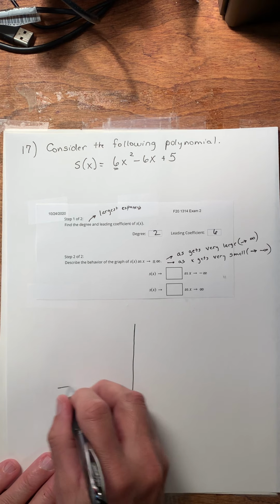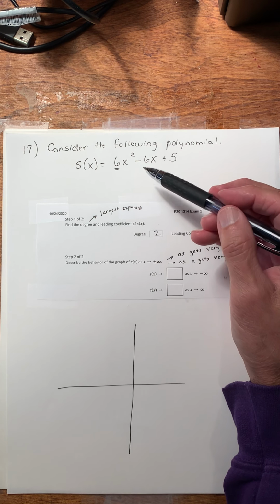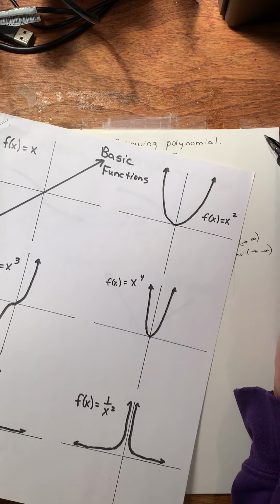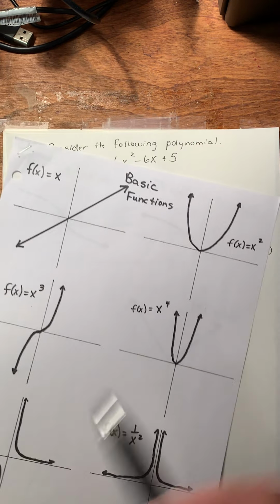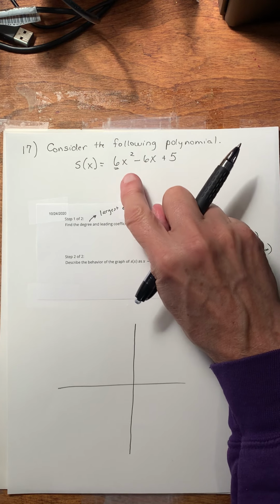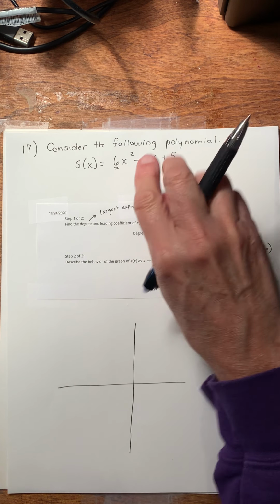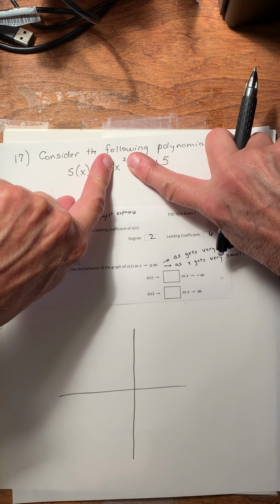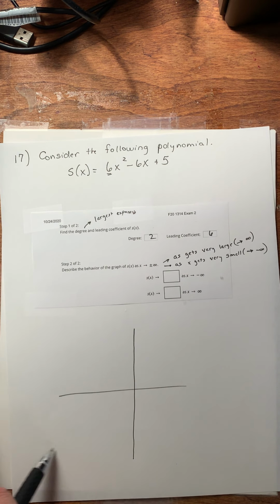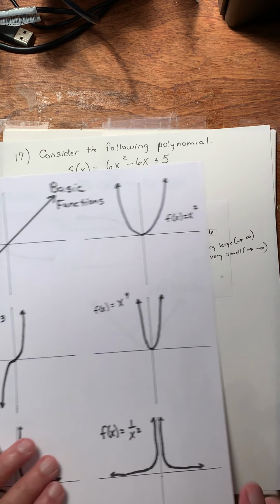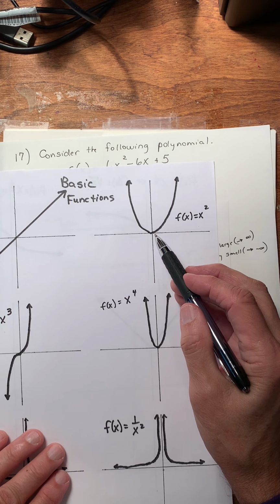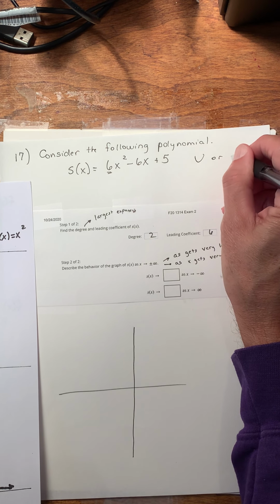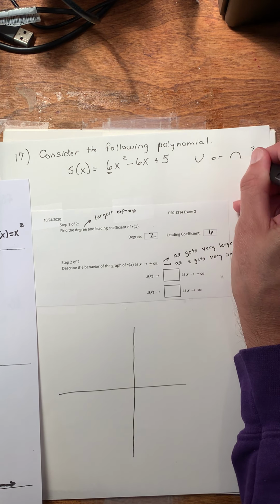Some of you already know. This is a variation on one of our basic functions. In fact, this is a variation on s of x equals x squared. This guy right here is a parabola. Question, is it an upward or a downward turning parabola?